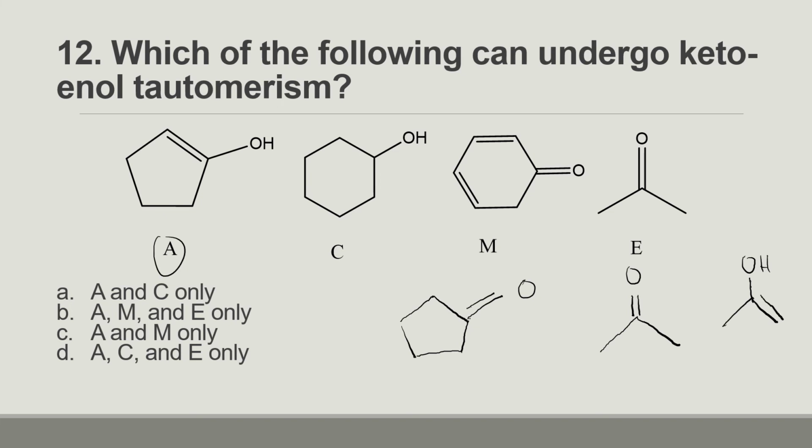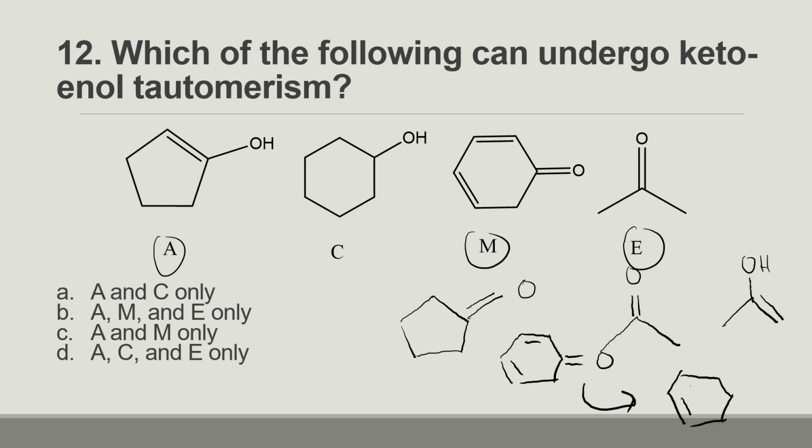Okay? So check din si E. Let's do M. Si M, nandun na rin siya sa kanyang keto form. But this is also possible na mag-form siya ng kanyang enol form, which is this. Okay?